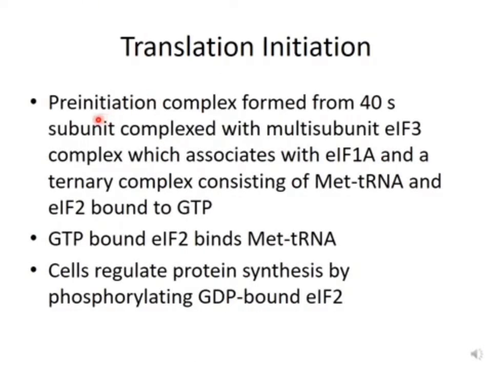So this attachment of the tRNAi methionine to the small ribosomal subunit is called the pre-initiation complex, and it has the 40S subunit in addition to the already present EIF3, which itself associates with the EIF1A, and this is a ternary complex that consists of methionine tRNA and EIF2 bound to GTP.